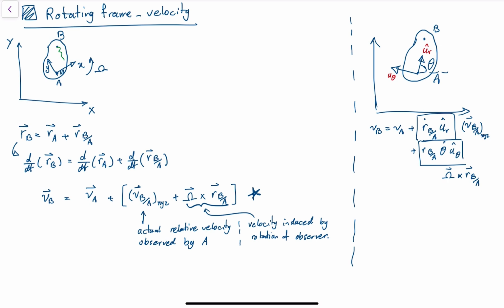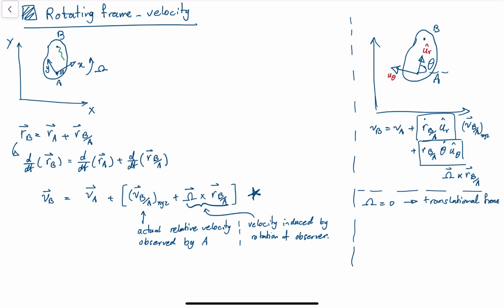Actually, now that we are here, let me make one last connection. And that is what happens when omega is 0. When omega is 0, essentially your frame doesn't rotate anymore. So you have a translational frame.